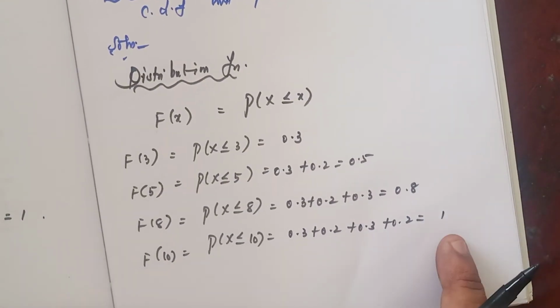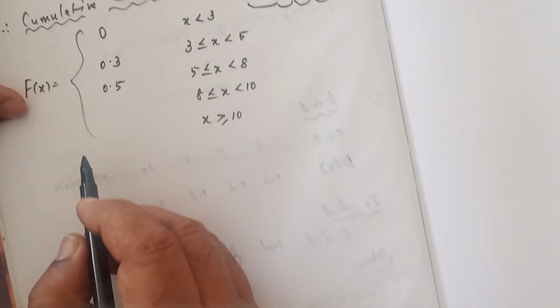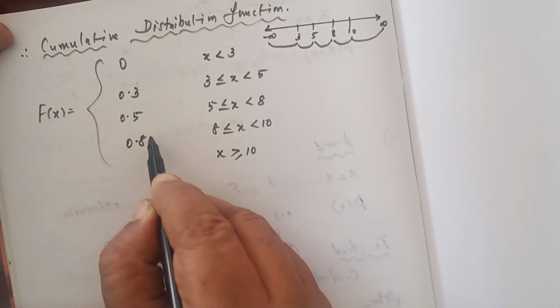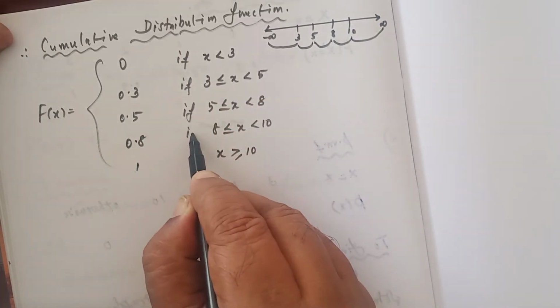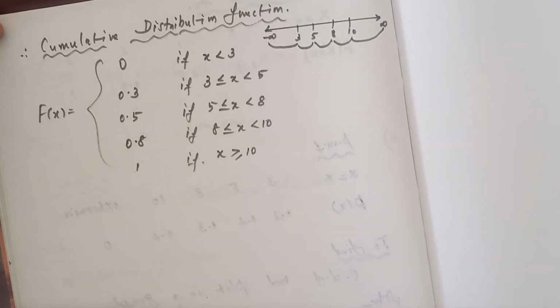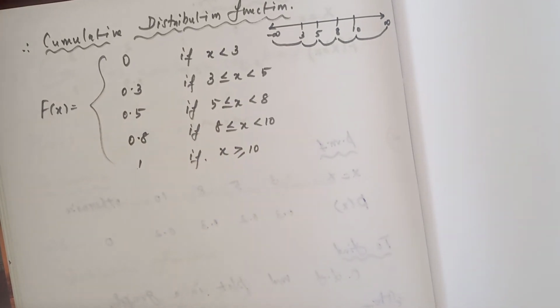And for equal to 10, 1. So here 0.8, then 1. The cumulative distribution function is over.